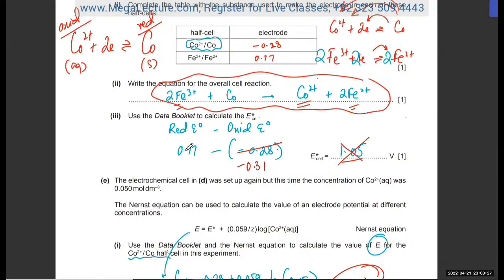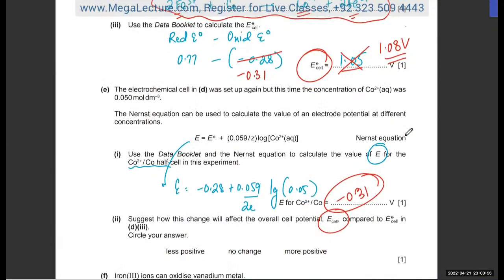Instead of 1.05, it would become 1.03, 1.01. Then you do this again, this is going to become 1.09. 1.08, sir. 1.08. So now he's talking about the E0 cell, so the E0 cell would become more positive.